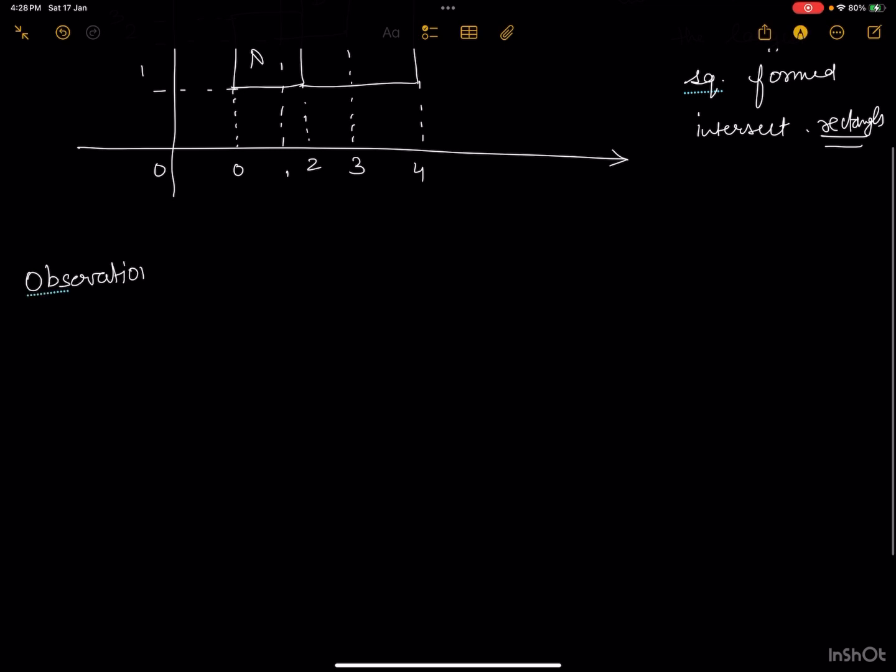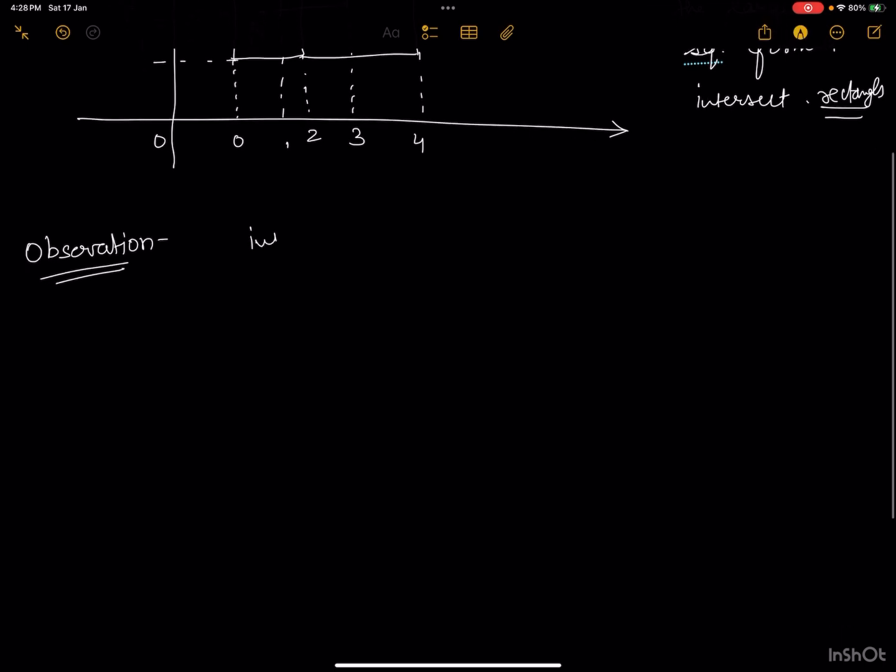Let's say we take an intersection of three rectangles.